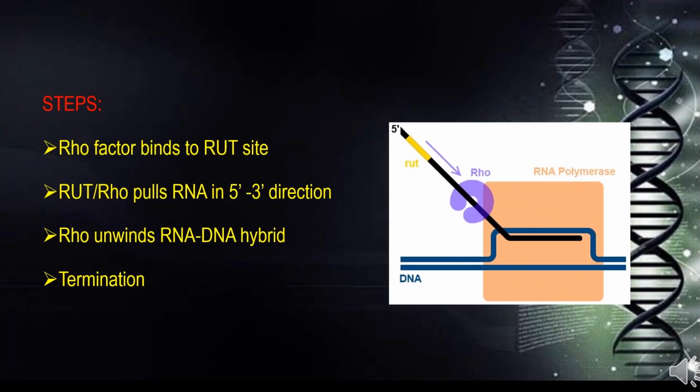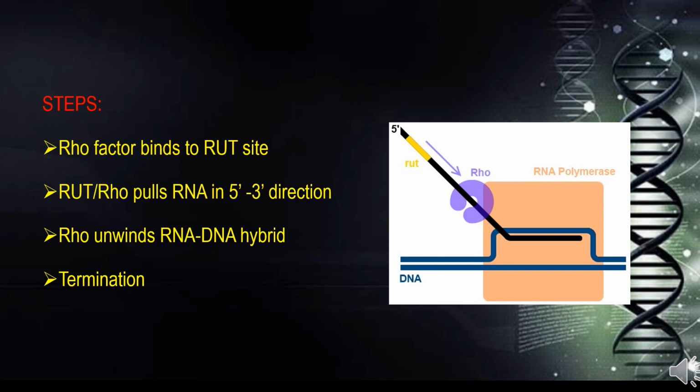These are the steps involved in rho-dependent termination. During termination, the rho factor binds to the cytosine-rich RUT site. This RUT and rho hybrid pulls the RNA in 5' to 3' direction.